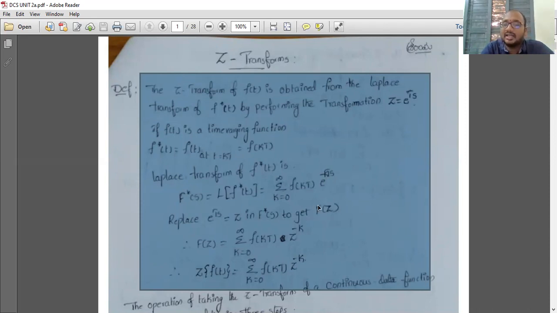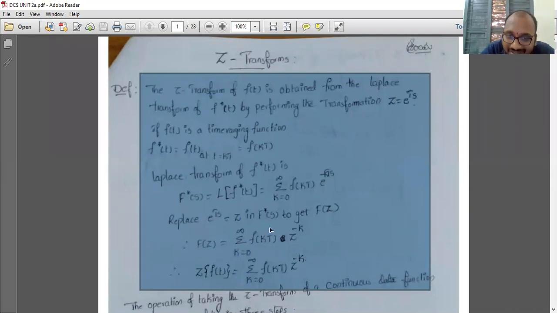For getting f of z, you have to substitute the transformation e power ts is equal to z. Then the z transform of f of t as f of z is equal to sigma k is equal to 0 to infinity f of kt into z power minus k. This is the basic formula for z transformation.